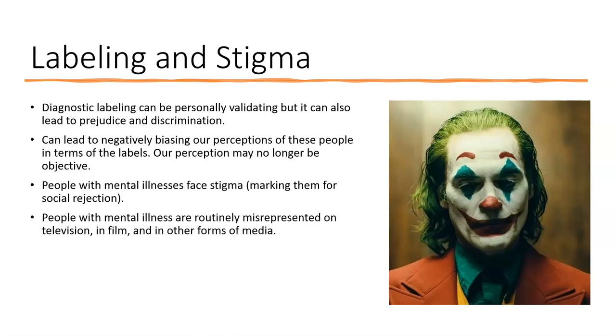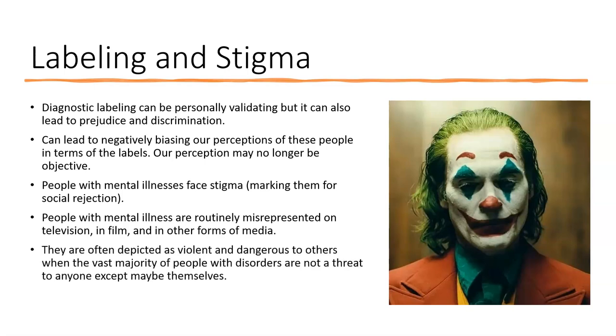People with mental illnesses are often, and I teach a whole class on this, they're often misrepresented in TV, film, and other kinds of media. The real problematic area is the tendency overwhelmingly to present people with mental illnesses as violent and dangerous to others, despite the fact that there is evidence that shows that the connection between having a mental illness diagnosis and violent behavior is weak at best.